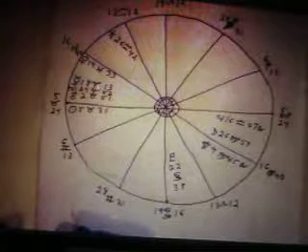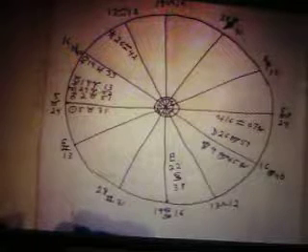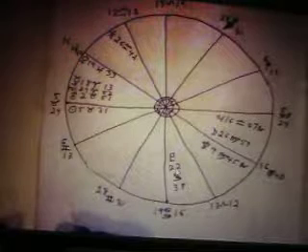So the thing is, now let's go to the next square. The next square, of course, is going to be Mercury square Pluto in Cancer in the 4th.